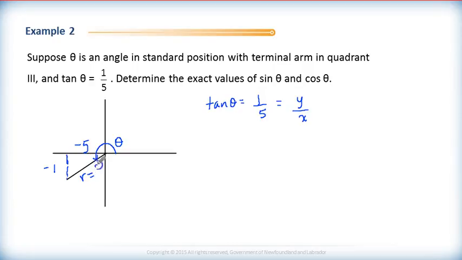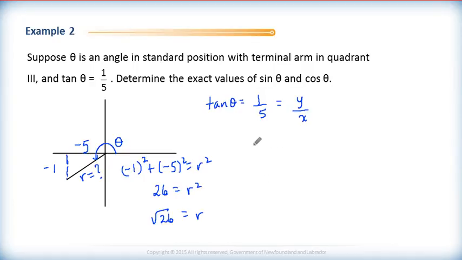So we've got to figure out the r value by using our Pythagorean theorem again. -1 squared plus -5 squared equals r squared. That gives us 26 equals r squared. Square root of 26 equals r, which is always positive.